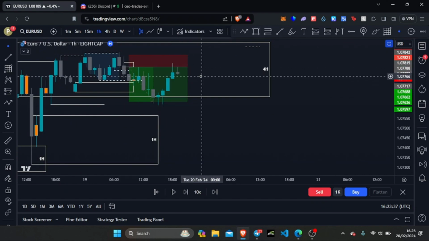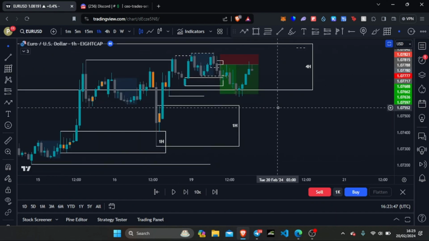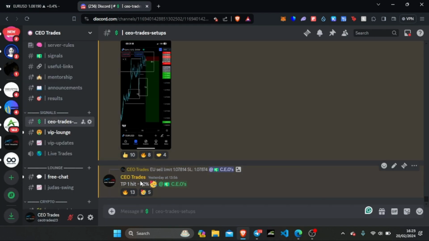Because as a trader, our job is to simply execute what price is giving us and not try and force our will onto price, because again, price will always do what it wants to do. So this was a very high level analysis that I'm super happy with, and also everyone in the Discord, because we were able to bank a nice 2% on this trade.